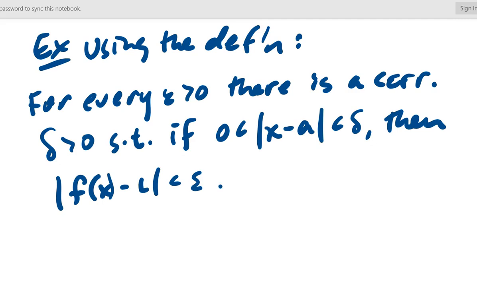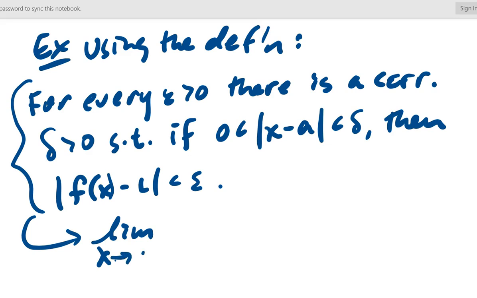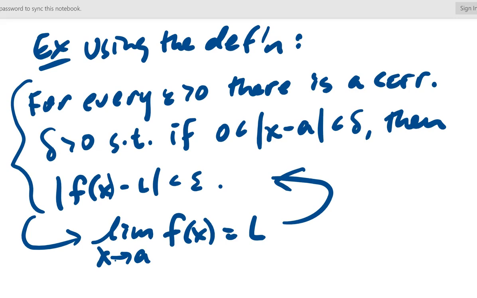So if the limit as x goes to a of f of x equals L, then this is true.